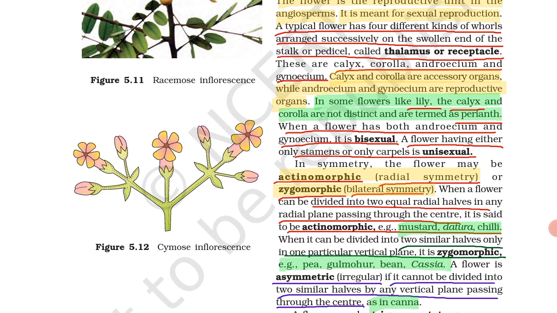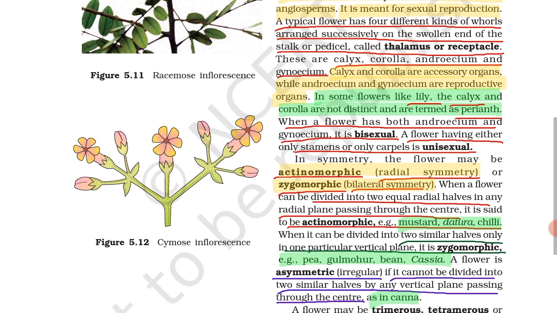A flower is asymmetric, meaning irregular, when it cannot be divided into two equal halves in any vertical plane passing through the center. This is called asymmetric symmetry and it is seen in canna.